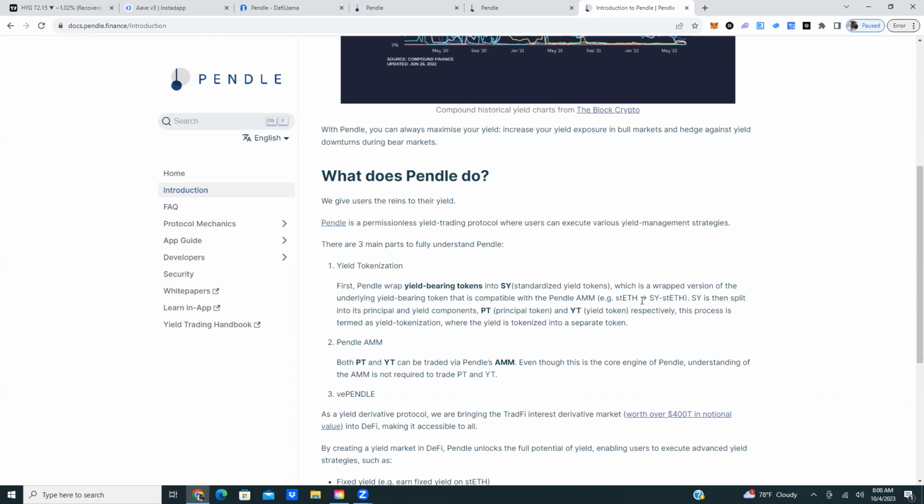So if you deposit assets onto this platform, they're going to give you a wrapped version of that asset to use somewhere else on someone else's decentralized platform. This is dope. I'm liking this already. I'm liking this a lot.